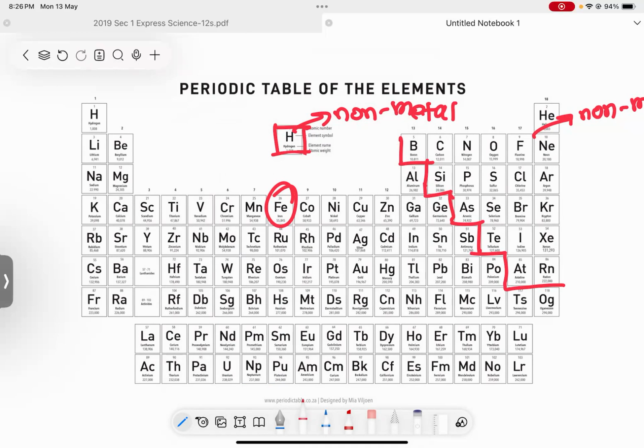Okay? So now you guys might be asking me, hey, look at boron. Boron starts with a B, so its chemical symbol is B. You can see it over there.